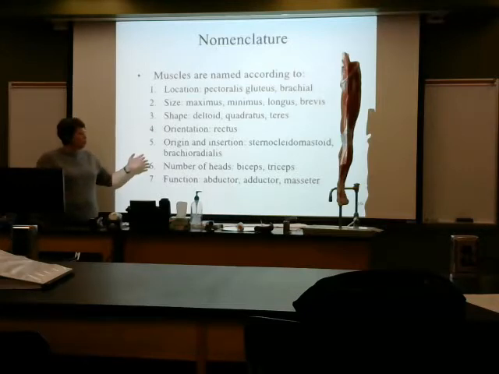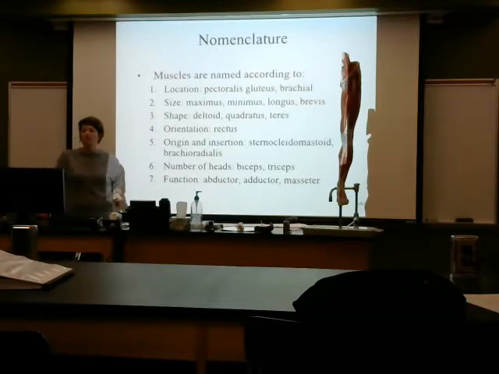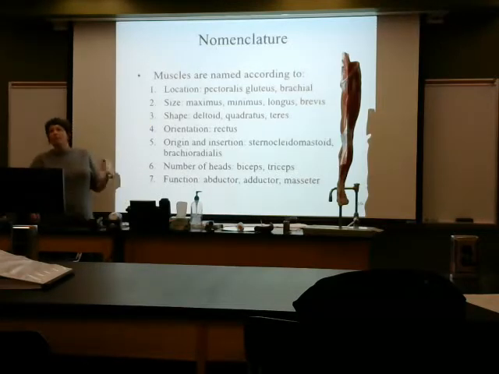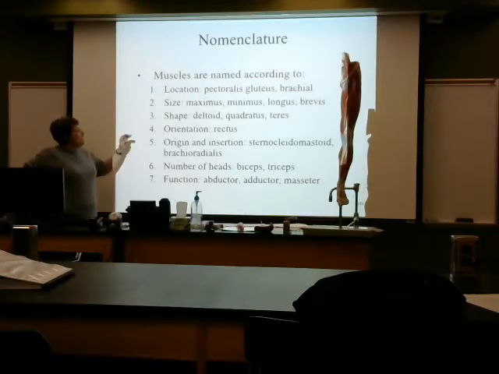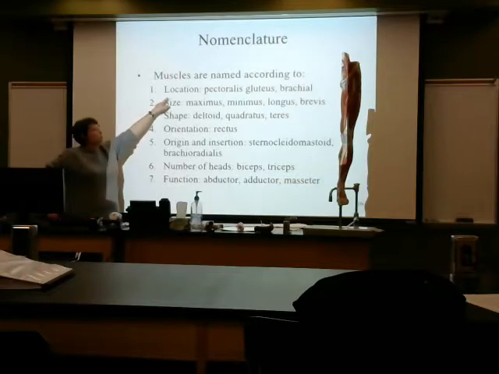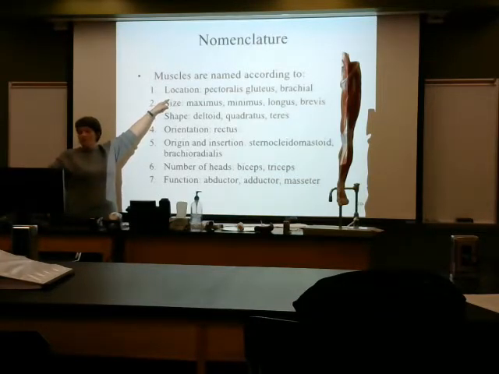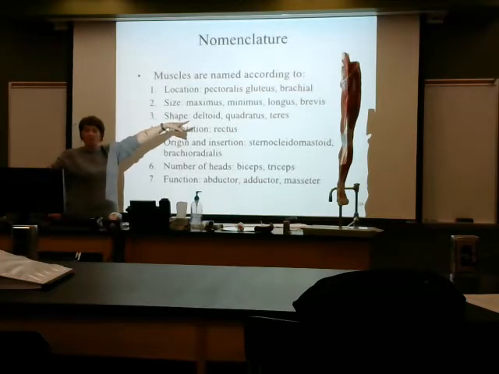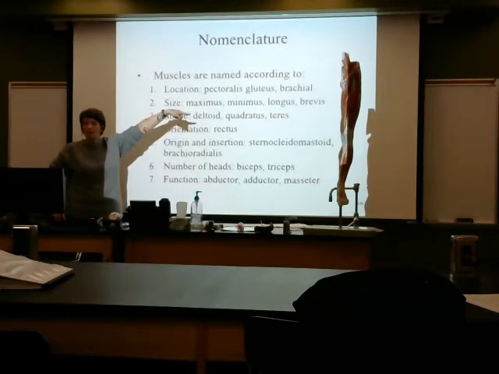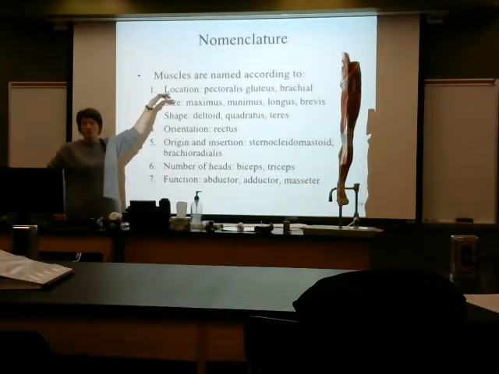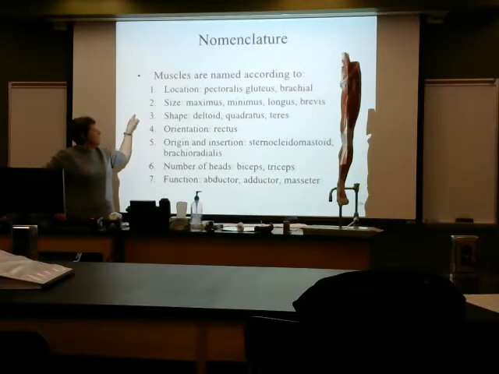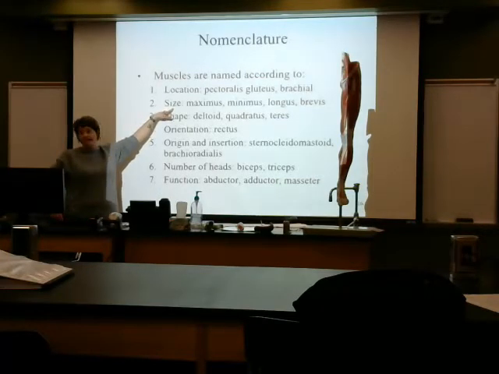I can be told in the naming of a muscle, biceps femoris, for example, I can be told the location of a muscle, for example, pectoralis, gluteus, brachial. That's letting me know what area of the body it can be found. I can be told the size.